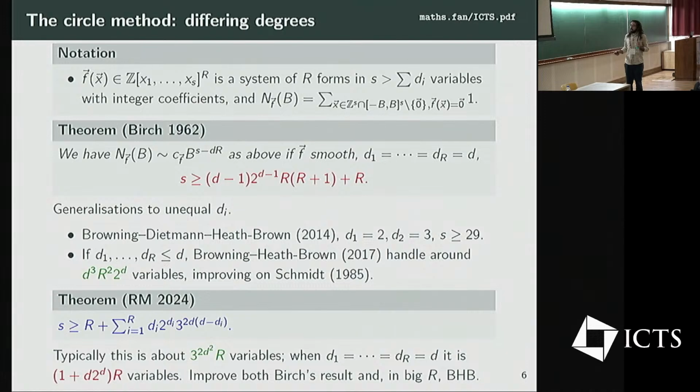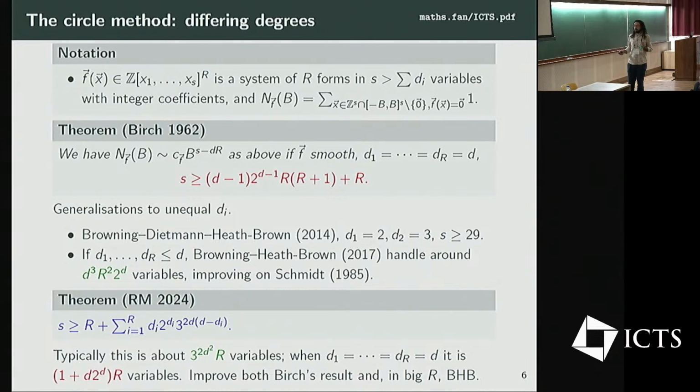On the other hand, it is linear in R, and so when the number of forms is really big, this is going to be an improvement. Although it's going to need to be pretty big. On the other hand, when all the degrees are the same, then this is actually a reasonable number.